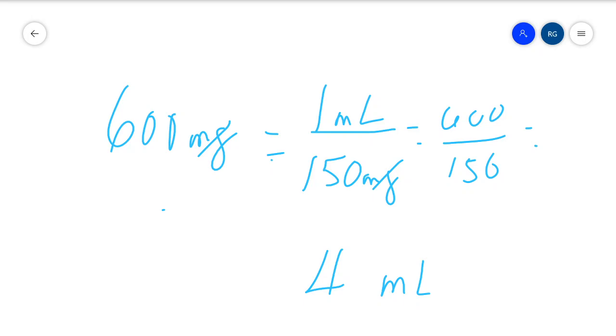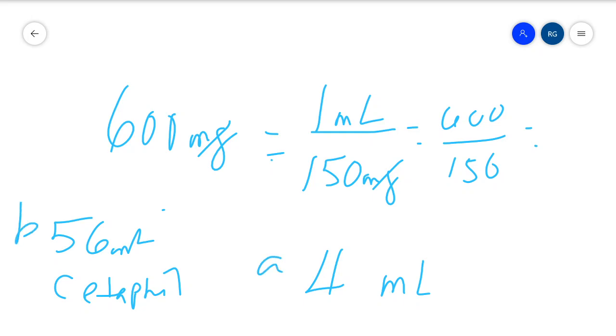The answer for B is going to be 60 minus the 4 mils, which we would have to add 56 mils of Cetaphil to get the full amount, because we're using 4 mils of clindamycin, and then we're going to use another 56 mils to create a total of 60 mils. Everybody understand on that? I hope so. That would be A, and this is B answer.